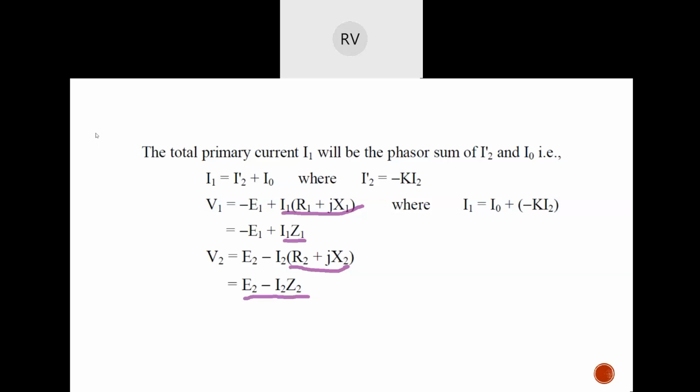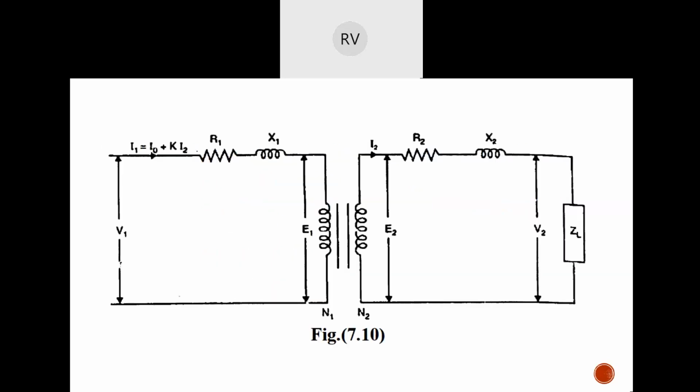Okay, so here you can see the total diagram. Here R1 X1 are being represented, and here R2 X2 are being represented, and because of this R1 X1 and R2 X2 you will get some losses.